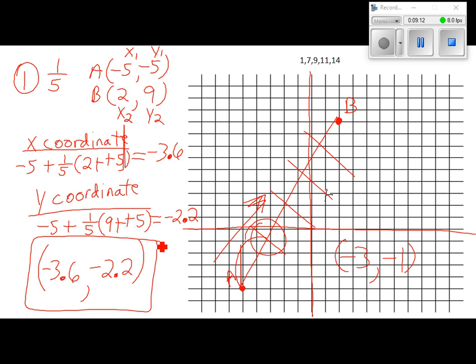Let's go back over here. That's the correct answer. We estimated that the answer was -3 and -1. Is that fairly close? Yeah, it isn't too bad. It'd probably be a whole lot closer if I hadn't made this so small and this so big, right? With the uneven proportions of my drawing, it's very close.